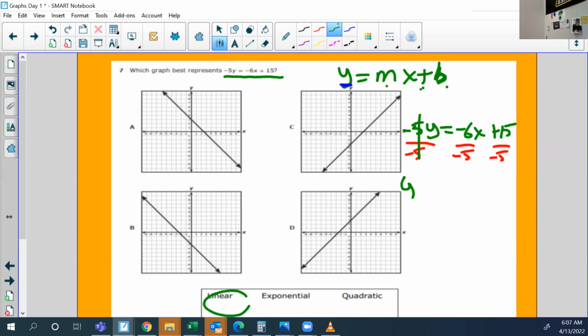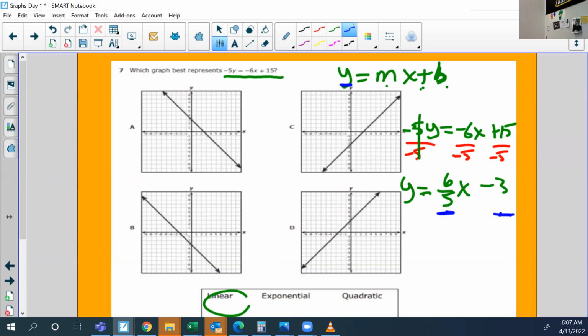So I have y is equal to, okay, negative divided by negative is a positive, so 6 over 5 x, and then 15 divided by negative 5 is minus 3. Now I can see that my slope is positive, 6 over 5, and my y-intercept is negative 3.